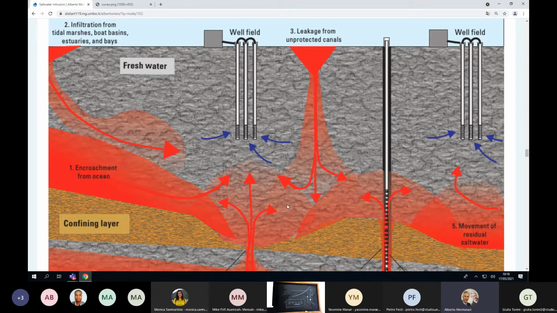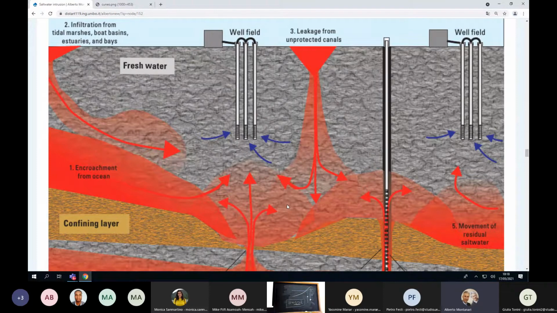An exception is the Po River. In its lower course, it has only one dam. In fact, there was a project some years ago to increase the number of dams along the Po River in order to, as I said, store water along the river reach.